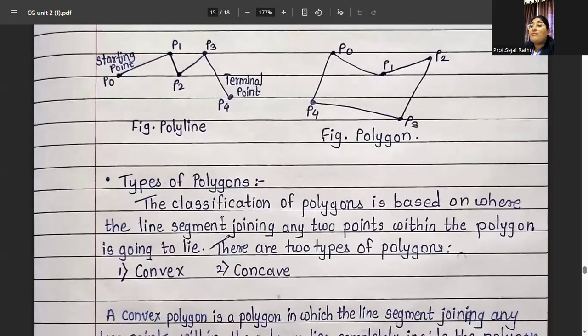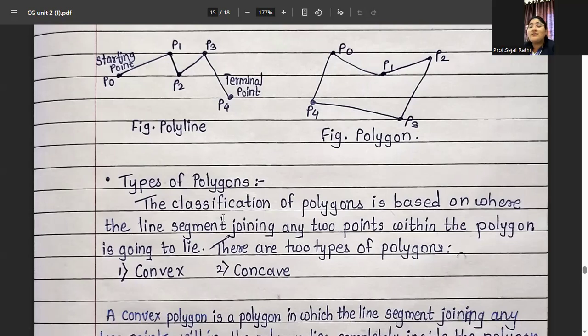So, the types of polygon. The classification of polygon is based on where the line segment joining any two points within the polygon lies. We already studied this in our first unit. The types are convex, concave, and complex. What is convex?